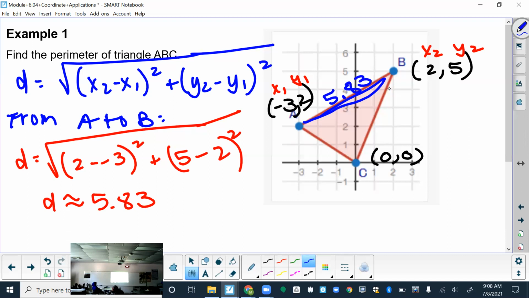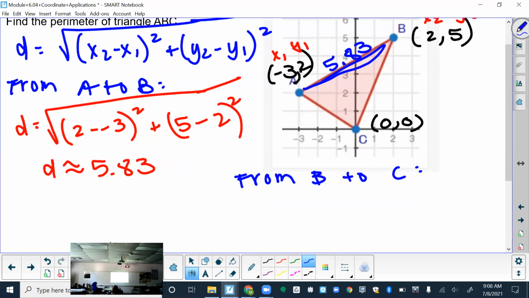All right, so now that we've done that, find the measurements from B to C using the distance formula. And then also find it from A to C. All right, so do that on your own paper, write it out, get the answer.